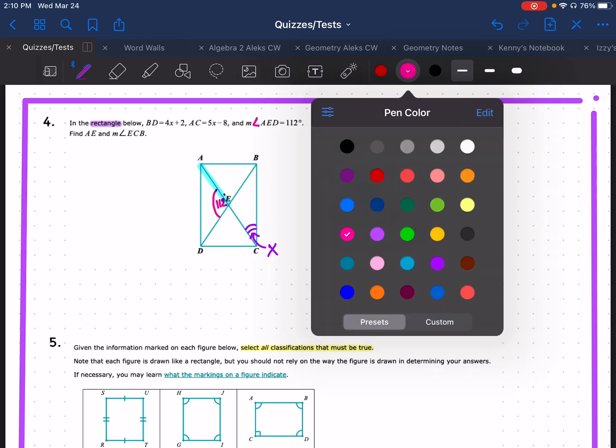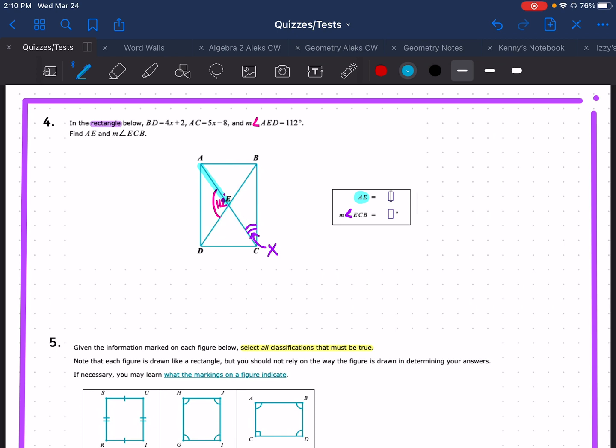So let me grab my color here. I can say that BD is equal to AC because my diagonals are congruent. Remember, each of the pieces is congruent and the whole, which means the whole thing is congruent as well. So I'm going to say 4x plus 2 is equal to 5x minus 8.